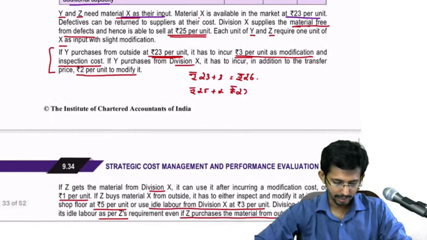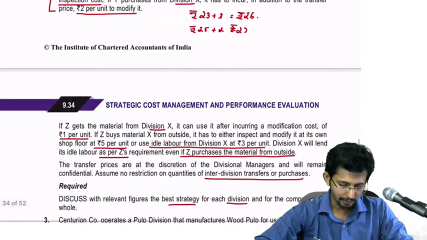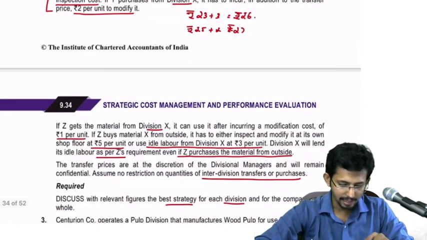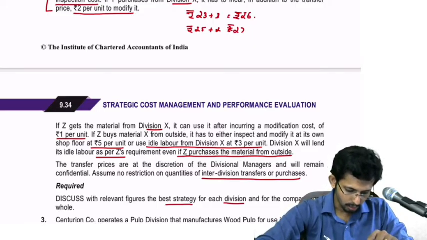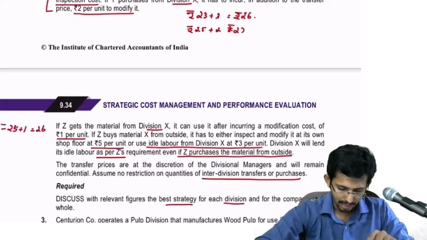Is it clear? Now, in the next case, if Z gets material from division X, it can use it after incurring a modification cost of rupees 1. So 25 plus 1, that is 26. Then if Z buys material X from outside, it has to either inspect and modify it at its own shop floor at rupees 5 per unit.